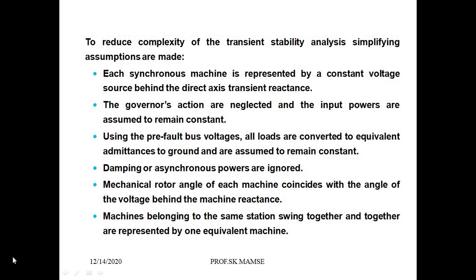Damping or asynchronous powers are ignored. The mechanical rotor angle of each machine coincides with the angle of the voltage behind the machine reactance. Then last one, machines belonging to the same station swing together and are represented by one equivalent machine.